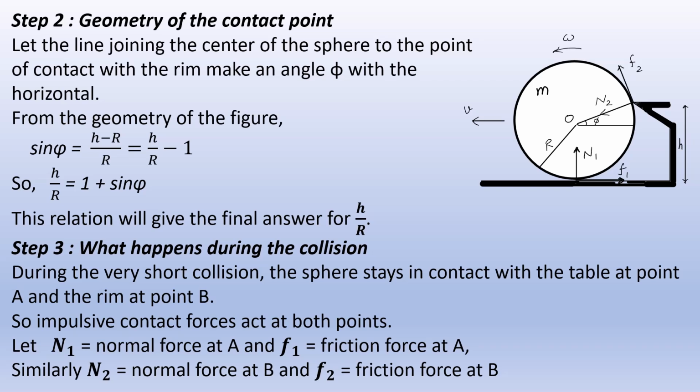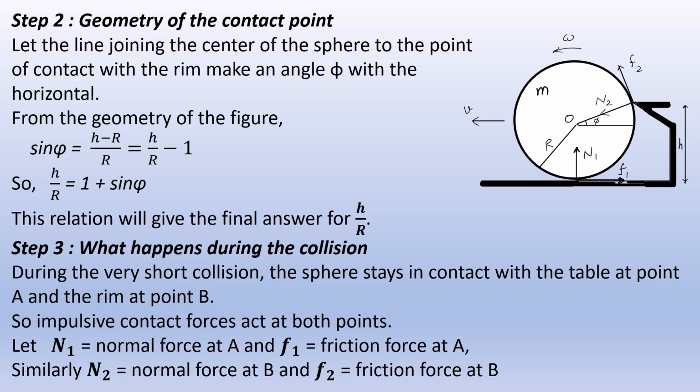Now let us understand what happens during the actual collision. The collision time is extremely small. So during this small interval, the sphere simultaneously remains in contact with two different points. One contact is with the horizontal table at point A, and the second contact is with the raised rim at point B. So impulsive contact forces will act at both points together.